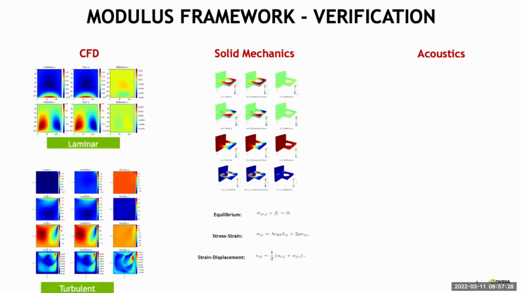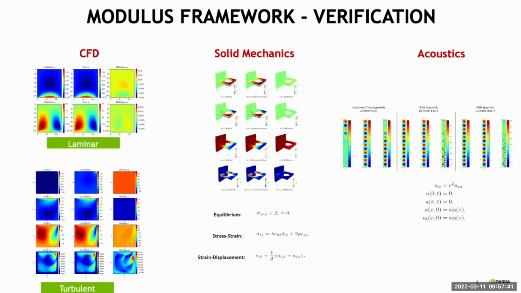Next, a 3D bracket has been solved using Hookean elasticity for small displacements and strains. The results show good agreement with a well-known commercial solver for displacements and von Mises stress. The third example deals with the solution of the 1D wave equation, where a comparison with the analytical solution shows an excellent agreement.